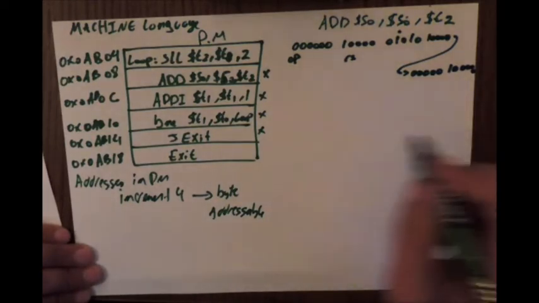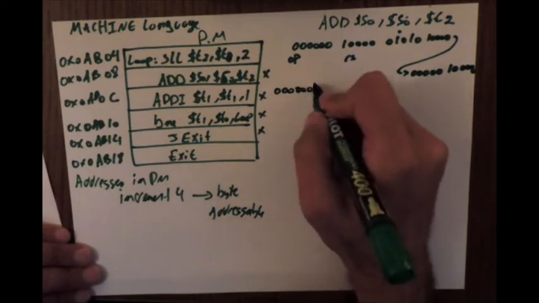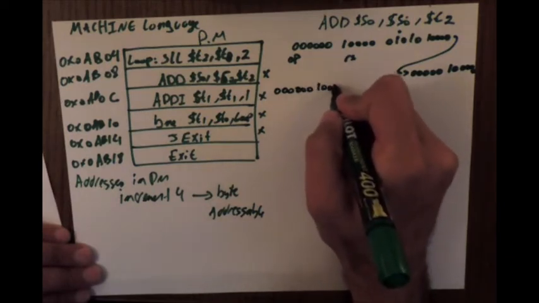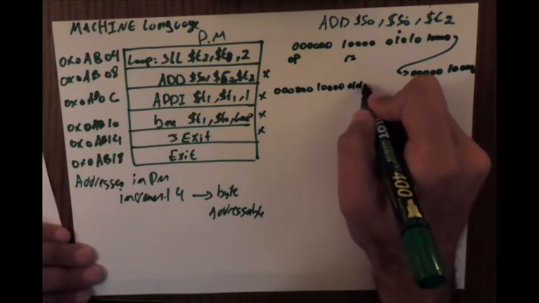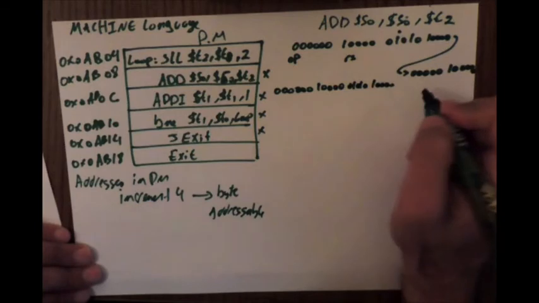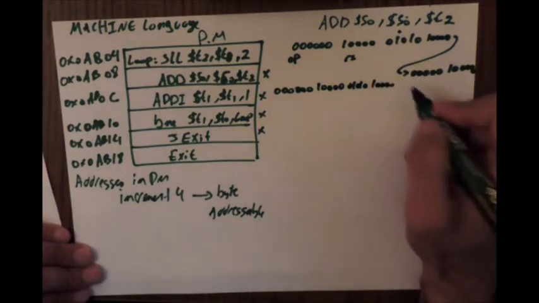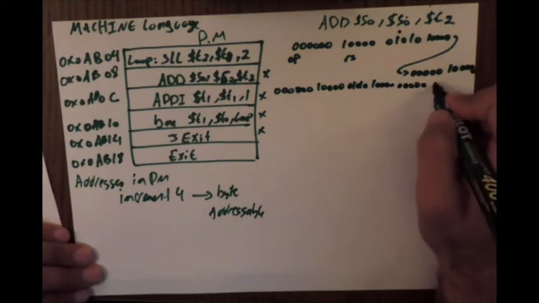So the instruction, I'm going to write it again. It's going to be 6 zeros, 1, 0, 0. This is the RS, RT, RD, and then we continue with the shamt and then with the function.